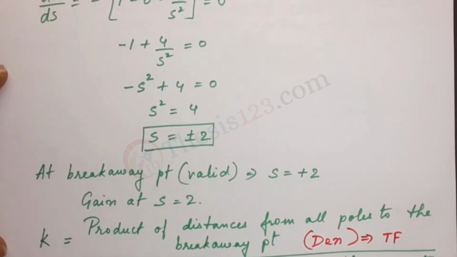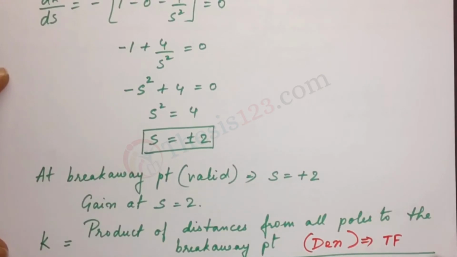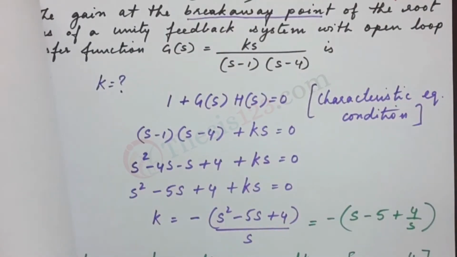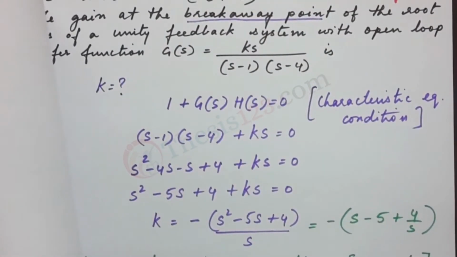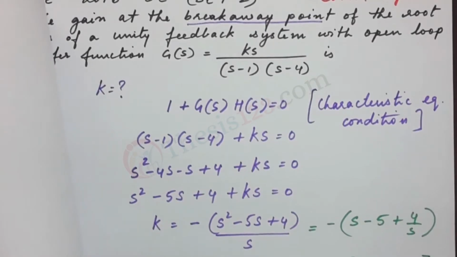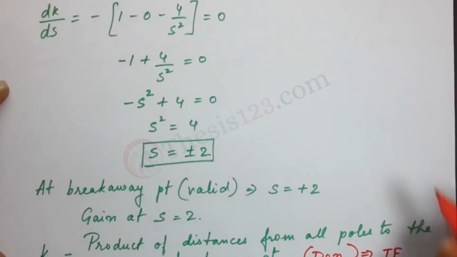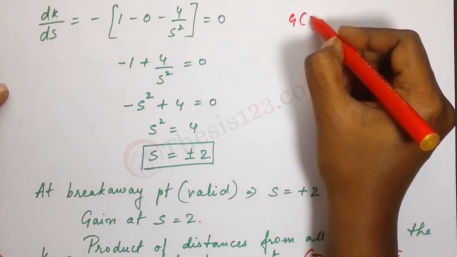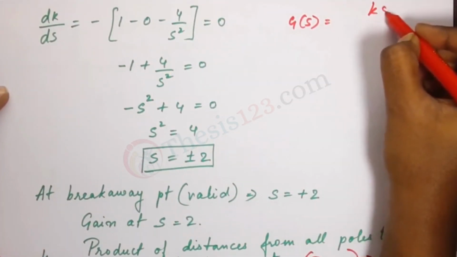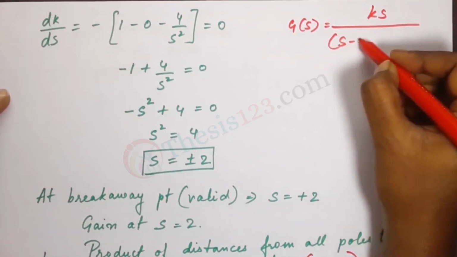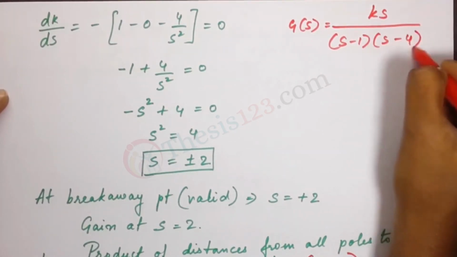So, look at the transfer function given to us, Ks divided by (s - 1)(s - 4). Let me write that down over here. We were given G(s) = Ks / ((s - 1)(s - 4)).